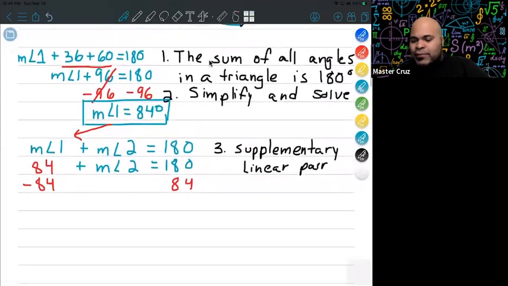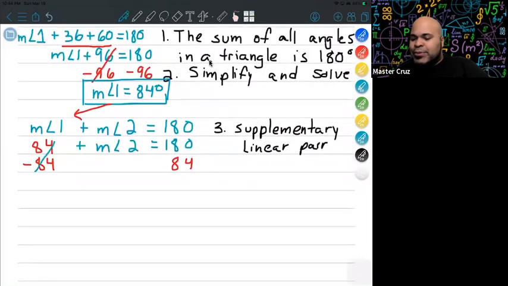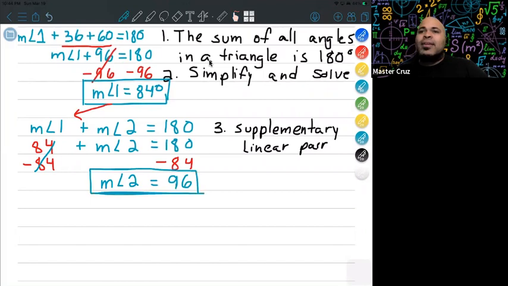This will cancel; 84 minus 84 is 0. That gives me that the measurement of angle 2 equals 180 minus 84, which equals 96. So this is the answer for that.